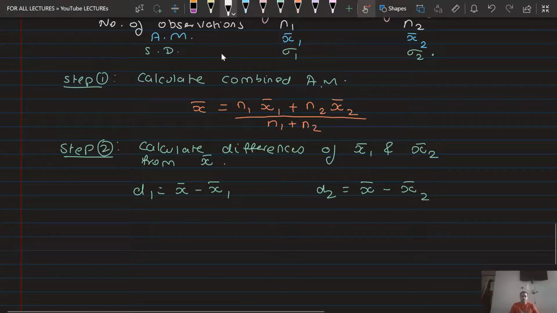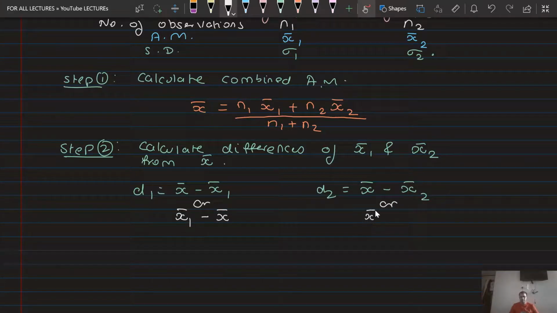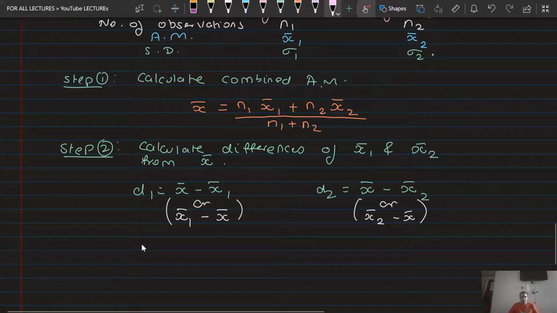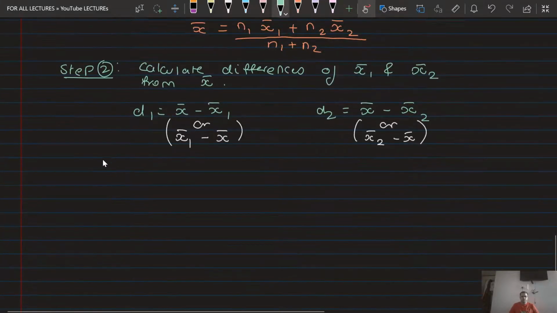If you want, you can also write it like this: x bar 1 minus x bar, or over here x bar 2 minus x bar, but this won't affect our final answer at all. The formula, the final answer will remain exactly same like it is given over here in step number 3.